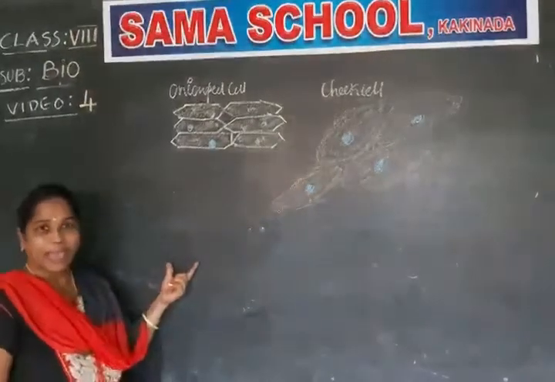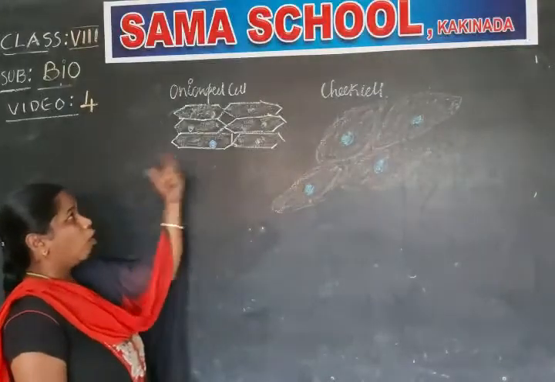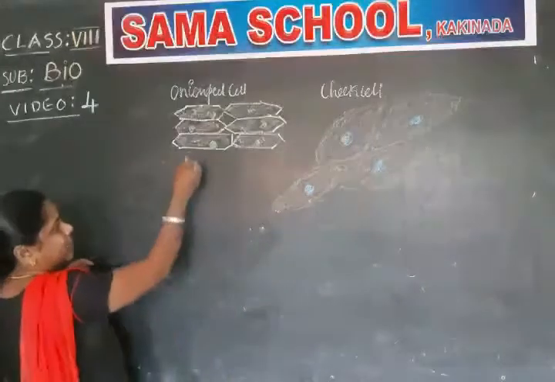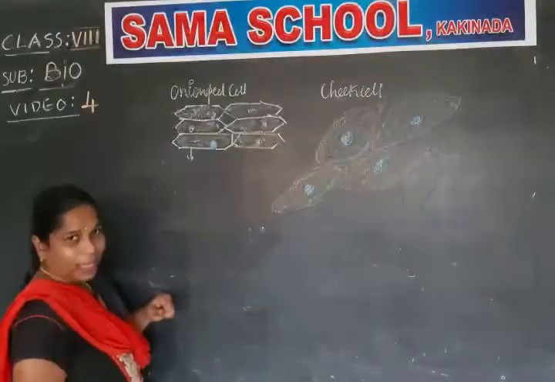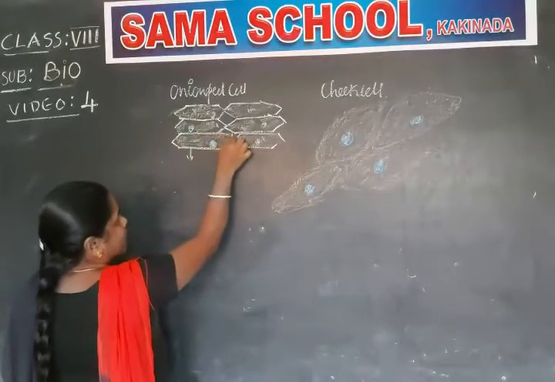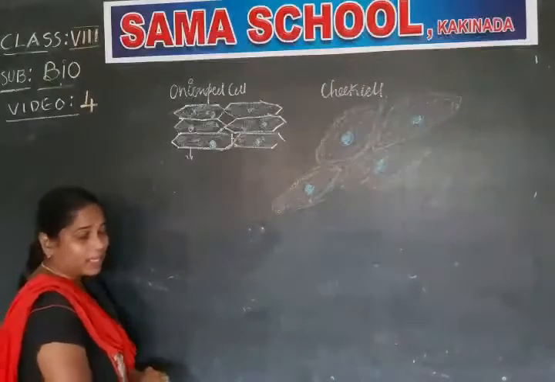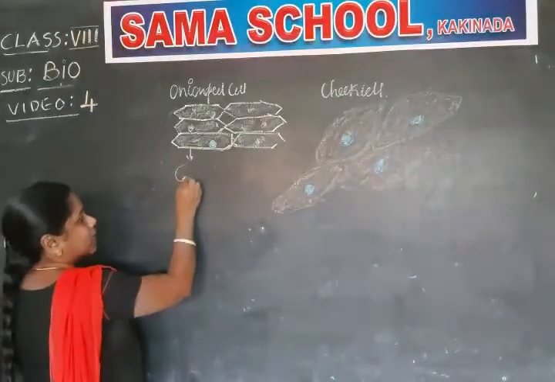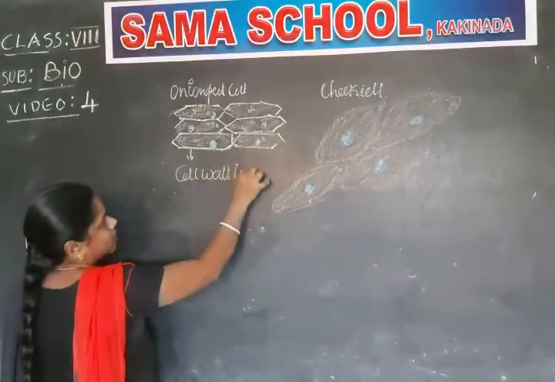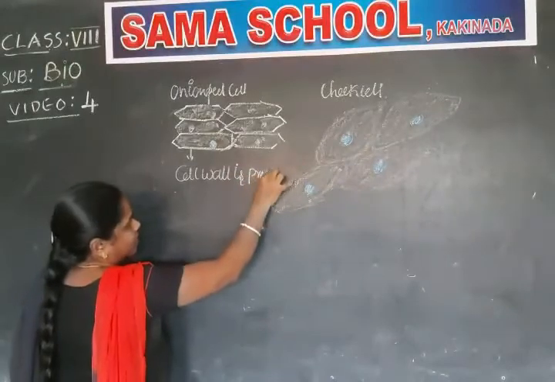So when you see the onion peel cell and the cheek cells, you can clearly see the shape and you can clearly see the cell wall. That means here the cell wall is present.